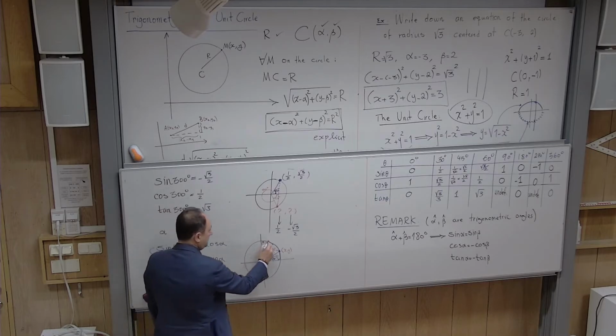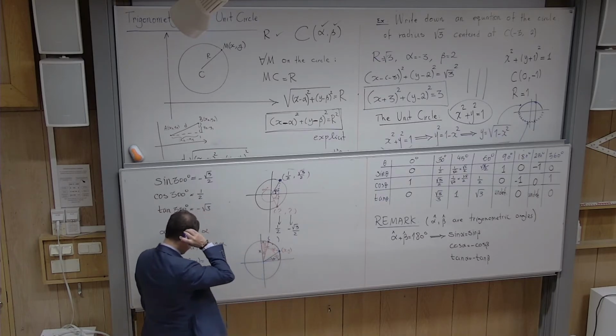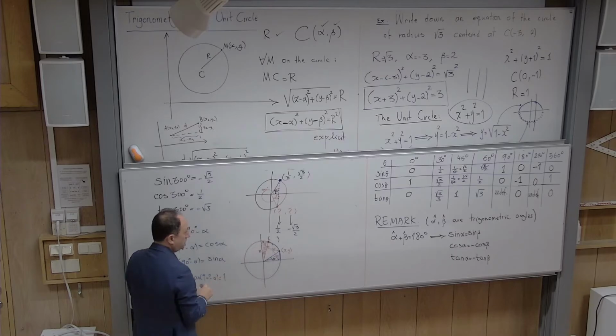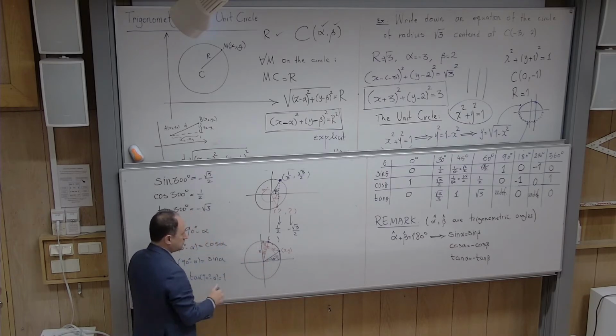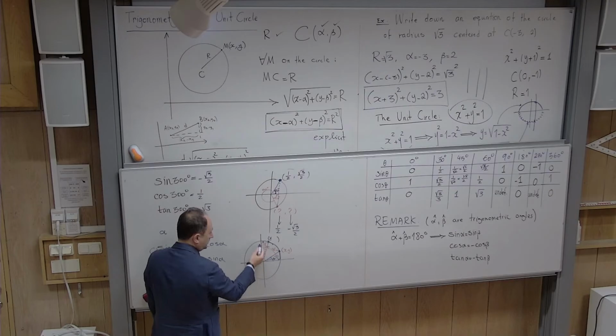But now, can you tell me what are the coordinates here? What is the x coordinate of this point? Everything is on the picture. What is the x coordinate? Is it cosine? No, what is the x coordinate on this picture? Oh, it's y. Yeah. And what is the y coordinate? It's x.